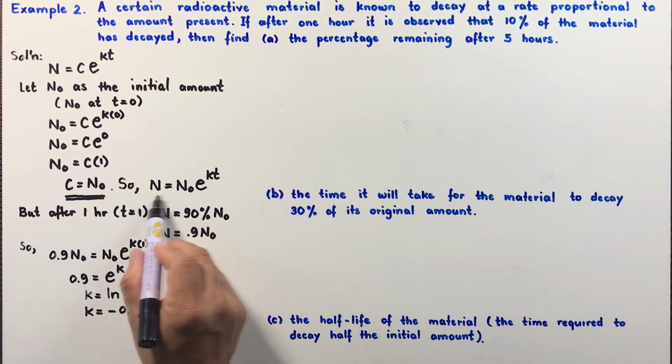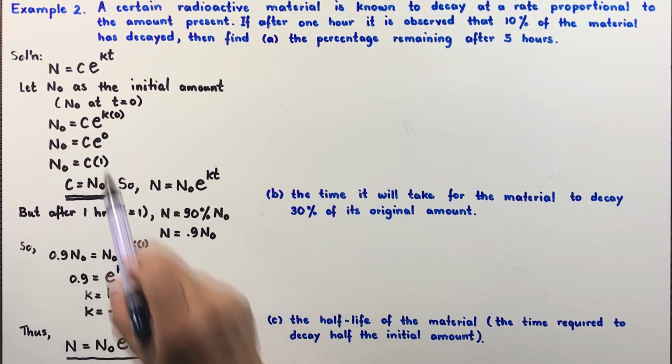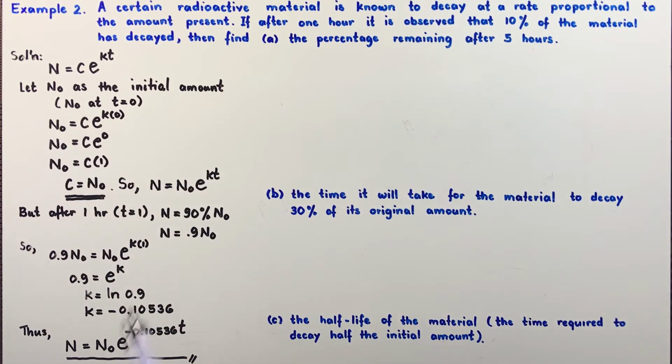Thus, our formula can be written as N = N₀ e^(-0.10536t). So this is our formula for this exponential decay here. And you notice that in solving this formula, we need two boundary conditions. The first boundary condition is the initial amount at time 0. And the second boundary condition is after 1 hour.